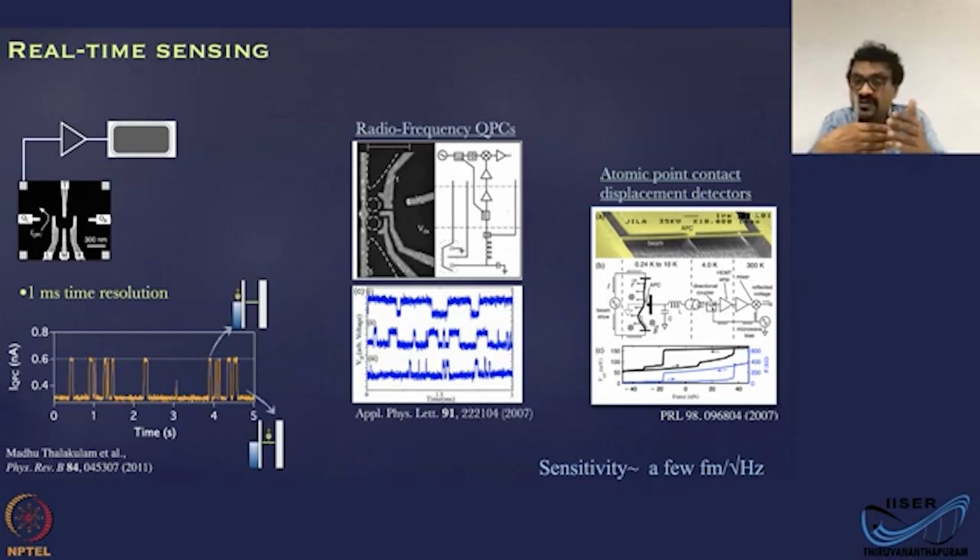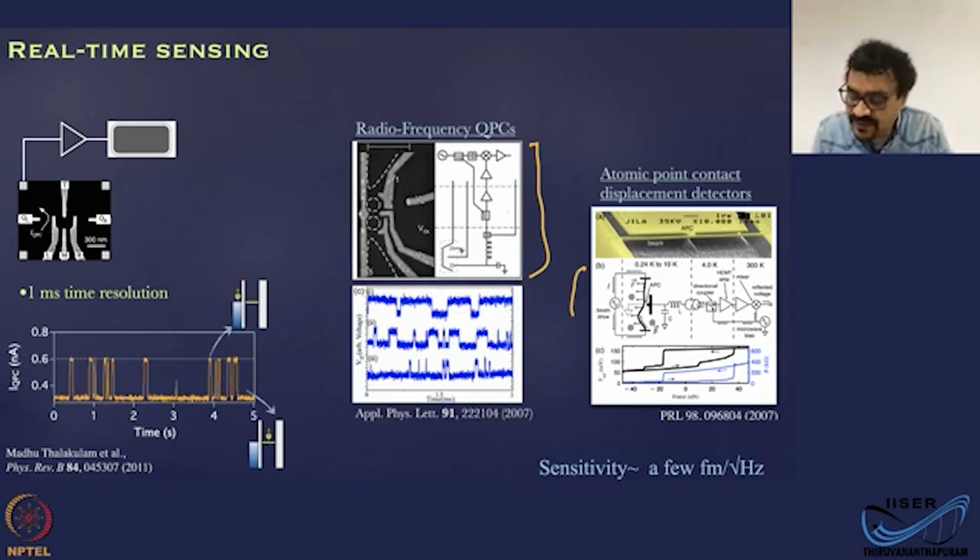Sorry, a strong function of the gap. So the resistance can give you an idea of the motion of the beam when biased in the sharp regime of the transconductance curve, and that's what they were doing. And again, they have utilized a technique similar to what is shown here. We will not discuss the detail, that we will do in some other lecture later.